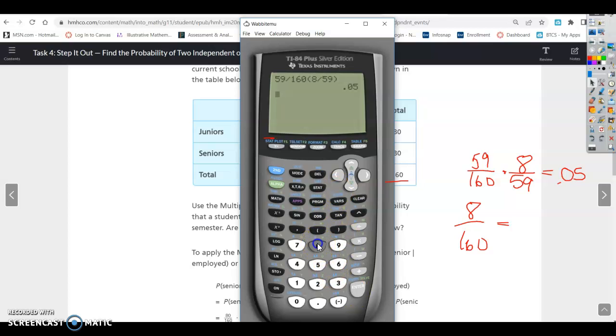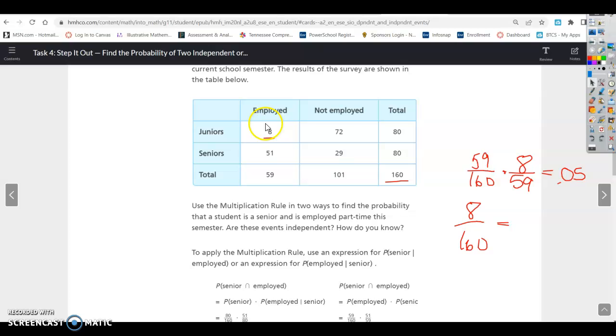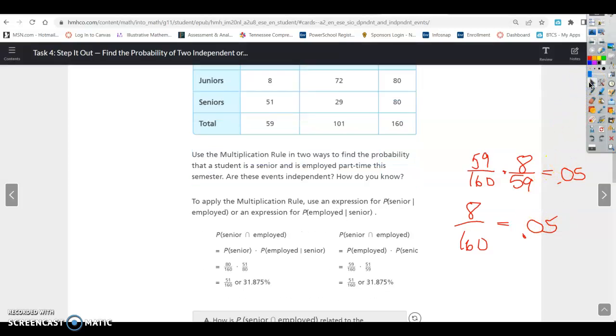In my mind, that's a little bit easier way to do it. So just thought I would show you that you do get the same answer if you want to use that as well. So anyway, that is 0.05. So 0.05 is the same as 5%.